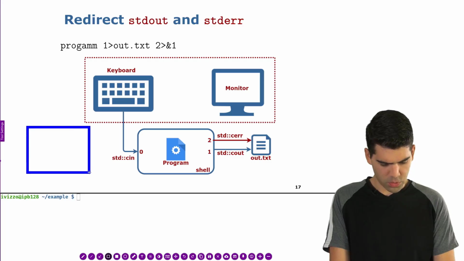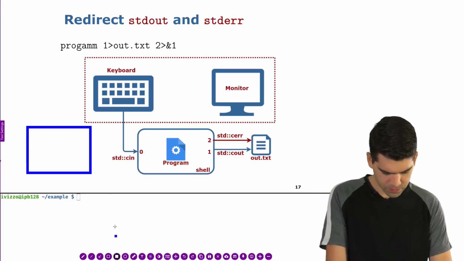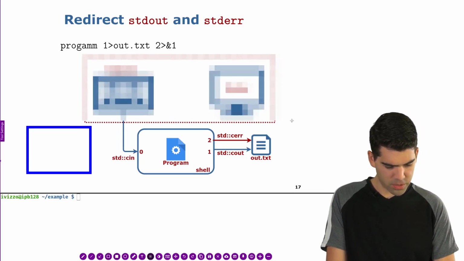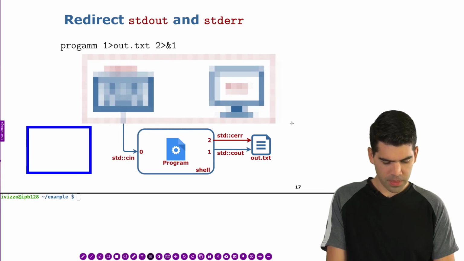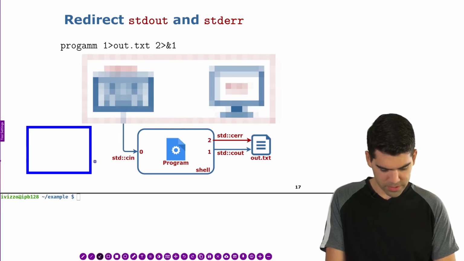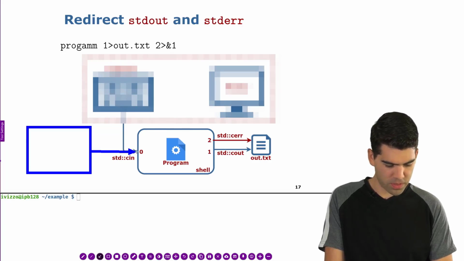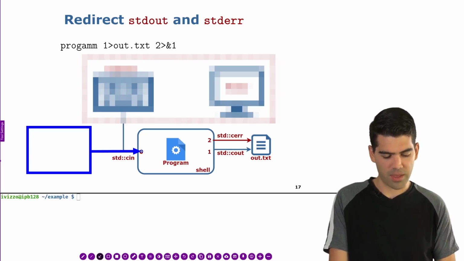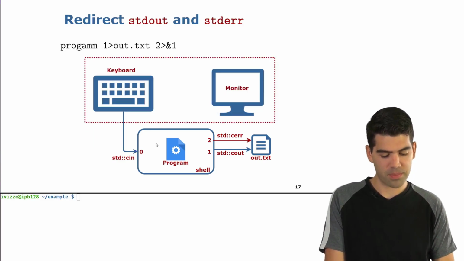This is going to be another program. Then the standard output of the first program is going to be feeding the standard input of the following program. And that's basically the main idea behind pipes on Linux.